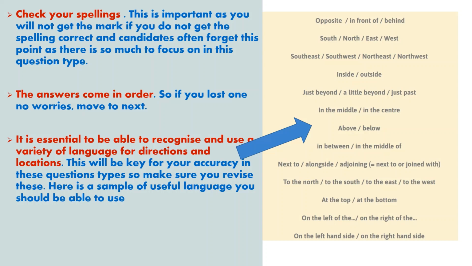So if you don't know what is the meaning of adjoining, then it's quite difficult for you to follow the map, because we don't know adjoining means beside or in front of or behind. If we don't know what it means, then it becomes difficult to continue tracing the recording. So you should know some of the most common language of directions and place position of buildings or things, so that when you hear, you know how to tackle that and what it means and where I need to look for.